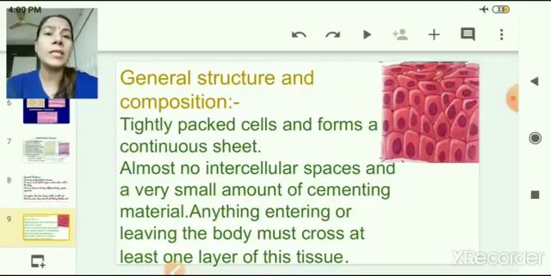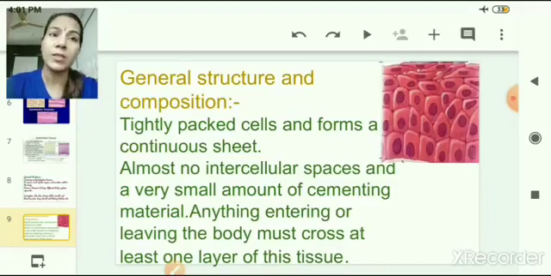Now let us focus on the general structure and composition of epithelial tissues. Here in this diagram, you can see that there are so many cells which are compactly arranged, and there is almost nil intercellular space between them. So we can say that tightly packed cells are present in epithelial tissues, and these cells form a continuous sheath which forms a layer.